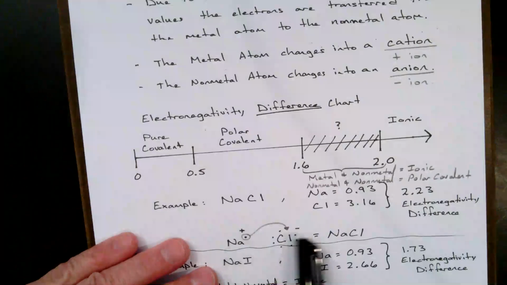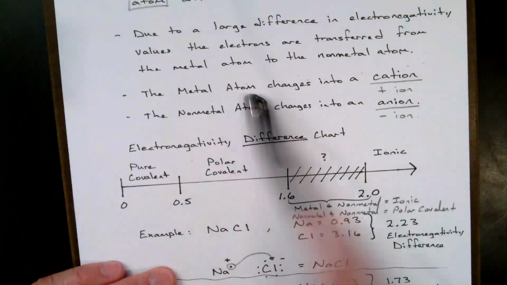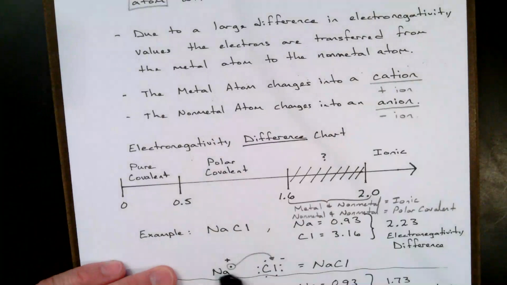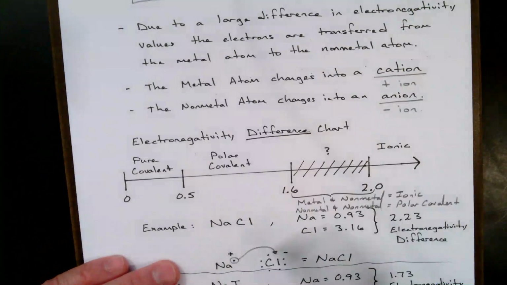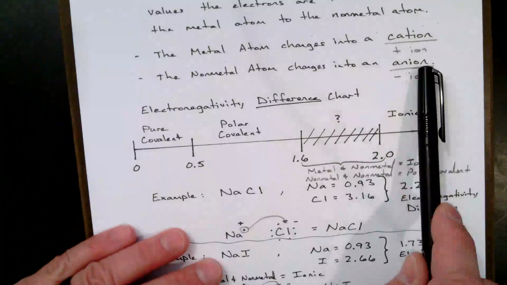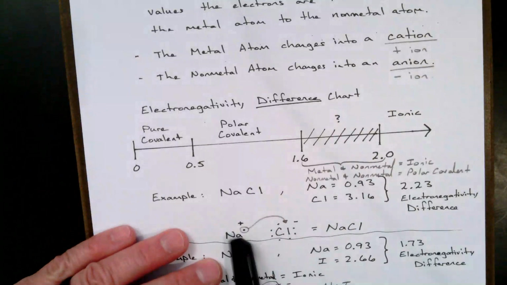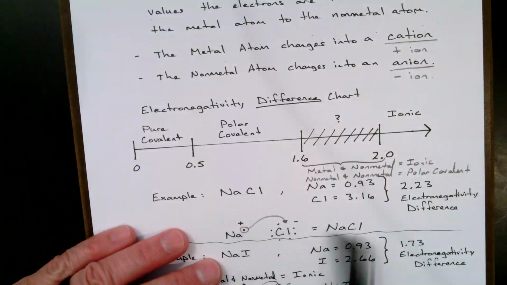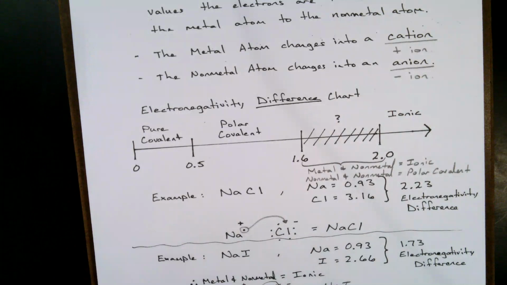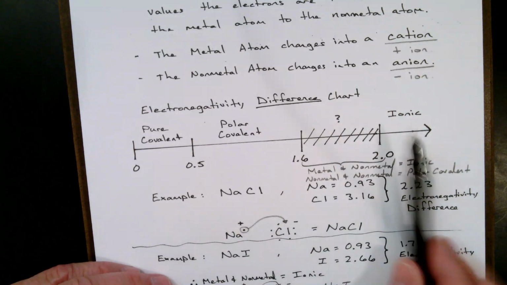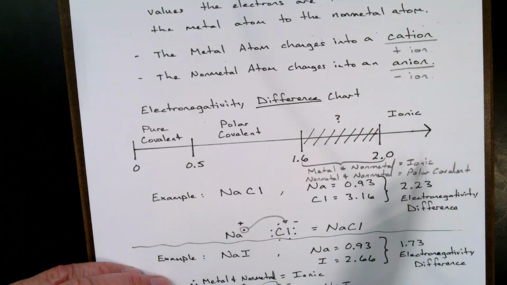They're moved from one atom to another. The metal atom changes into a positive ion. The non-metal changes into a negative ion, and that's what causes them to attract. Their difference in electronegativity is so big that the electrons move from one atom to another.